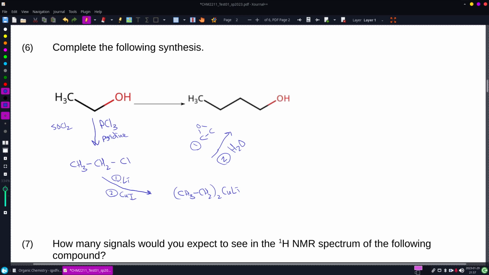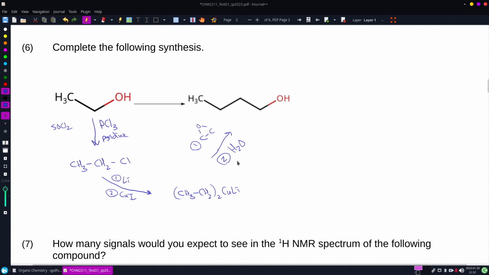We probably could have done this just as a Grignard, so with the magnesium and ether, and probably even with lithium and hexane. So probably didn't need to do a Gilman, but Gilman's going to end up giving us slightly better results, and it's a little bit more stable. But the last step, that's the best way to put 2 carbons and an OH onto something. So epoxide followed by water would do a great job of that.